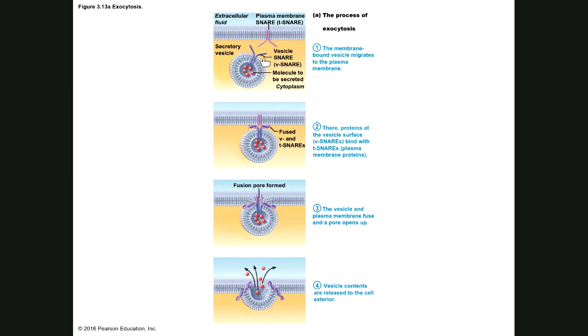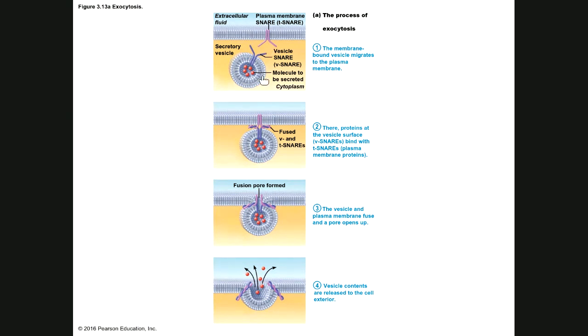So this vesicle is going to go around, and these V snares are going to search out a target. It's going to search out a T snare. T snare is a protein on the membrane of the cell. So the V snare will connect with the T snare.